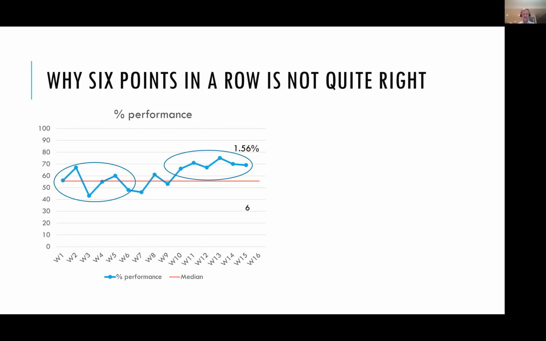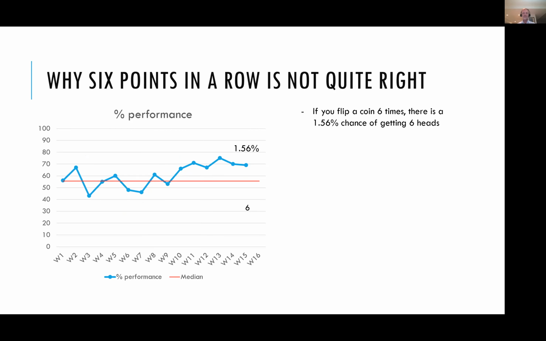So there's a 1.56% chance of getting 6 points above the median for the first 6 points, and there's a 1.6% chance of getting it for the 7th data point. So if you flip a coin 6 times, there is that 1.56% chance of getting 6 heads. But if you flip the coin 7 times, there is a higher probability of getting 6 heads in a row.